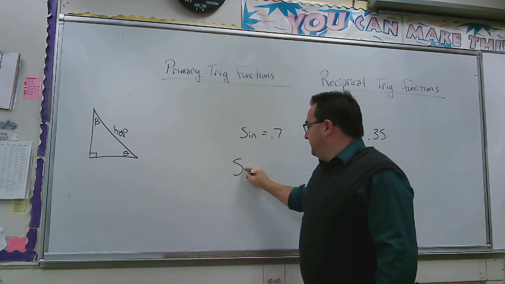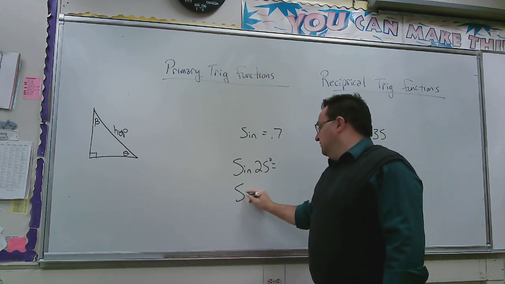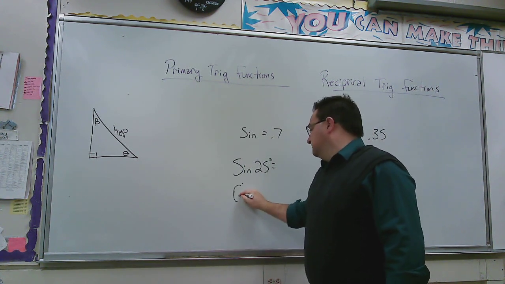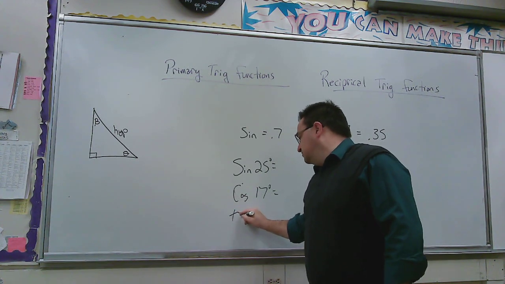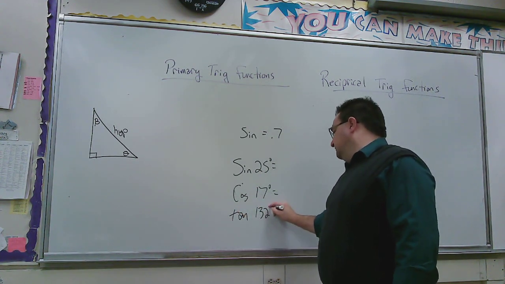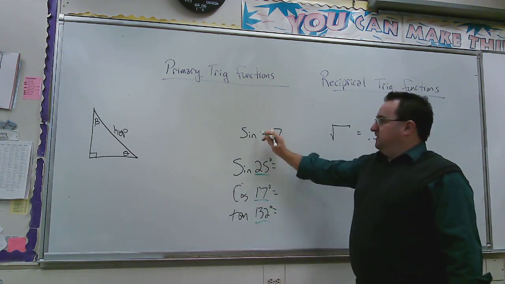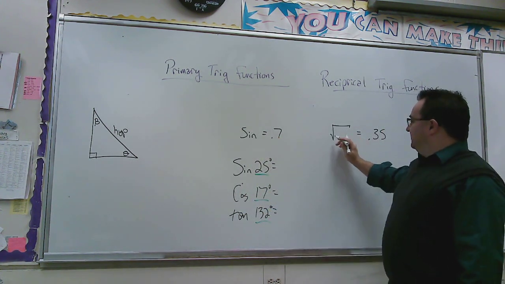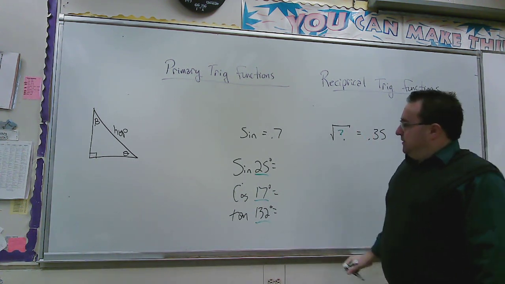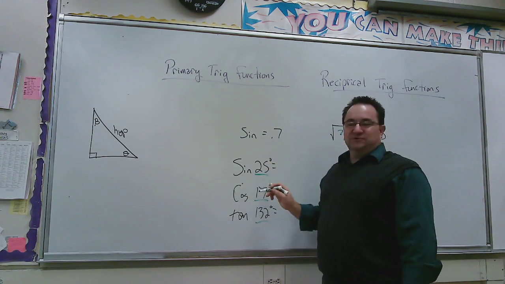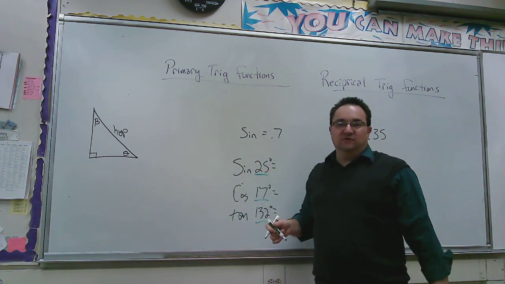You have to have an angle there, like sine of 25 degrees equals something, or cosine of 17 degrees equals something, or the tangent of 132 degrees equals something. You have to have an angle here. If you don't have an angle there, that's the same thing as having a square root symbol without anything inside. This is not sine times 25 degrees, it's sine of 25 degrees.